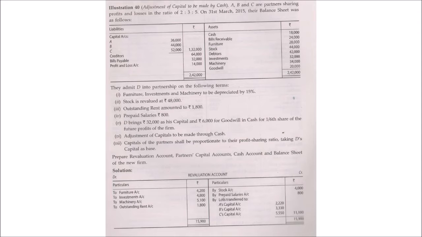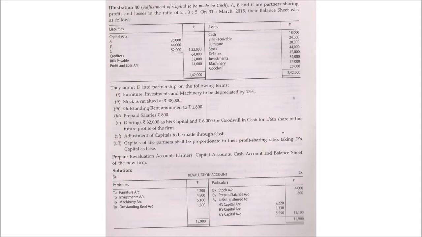Here in this question, old ratio is given, it is 2:3:5 and new partner share is given in the fifth adjustment. D brings rupees 32,000 as his capital and rupees 6,000 for goodwill in cash for 1/6 share of the future profits of the firm. Using this information of old profit sharing ratio and new partner's share, we can easily calculate the new profit sharing ratio.